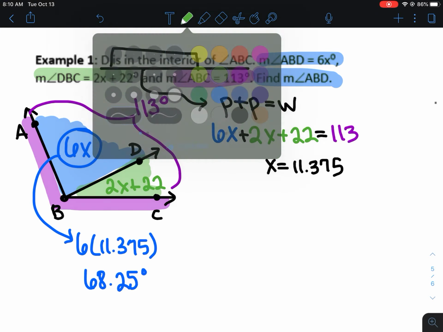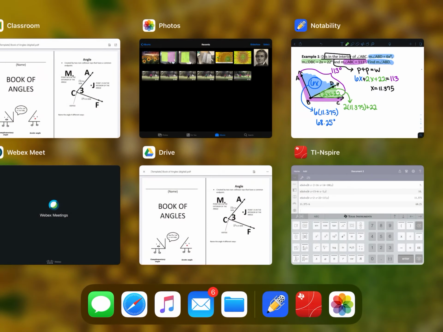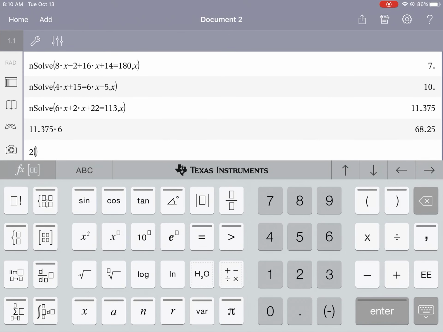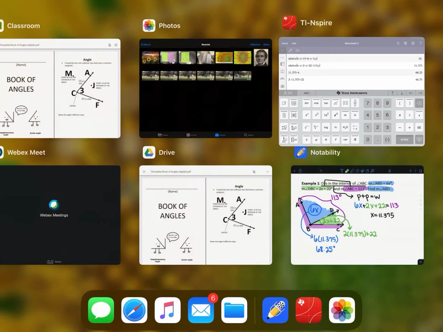Let me check the other one as well. So that's going to be 2 times 11.375 plus 22. All right, so that would be 2 times 11.375 plus 22, and we get 44.75.